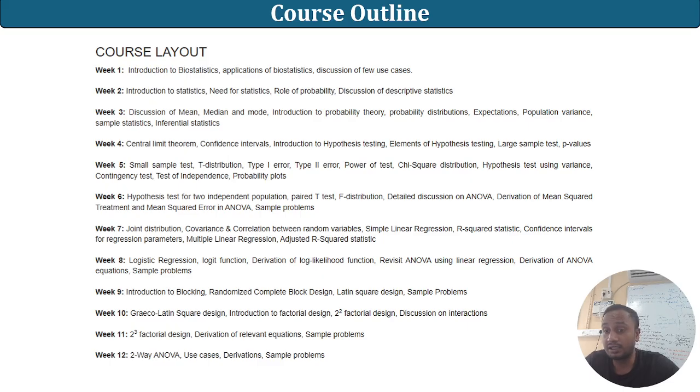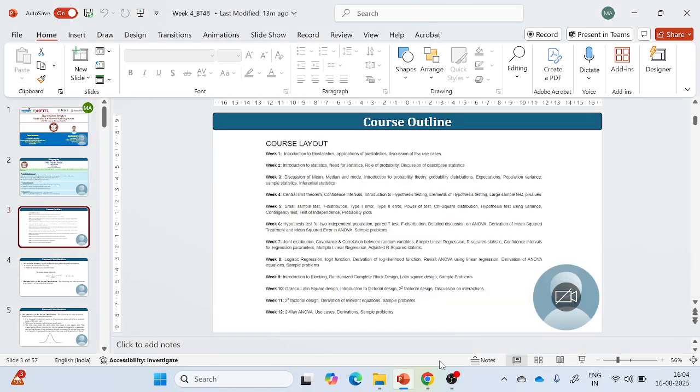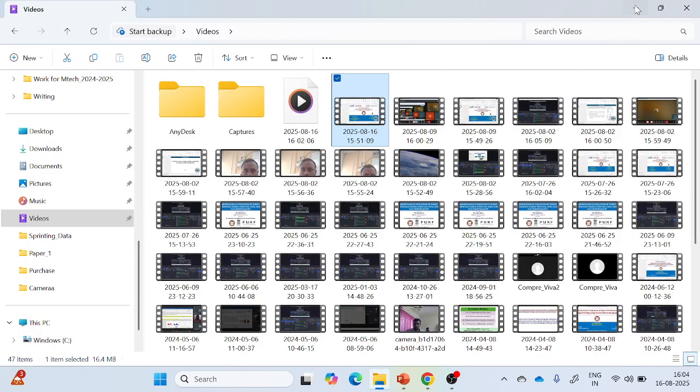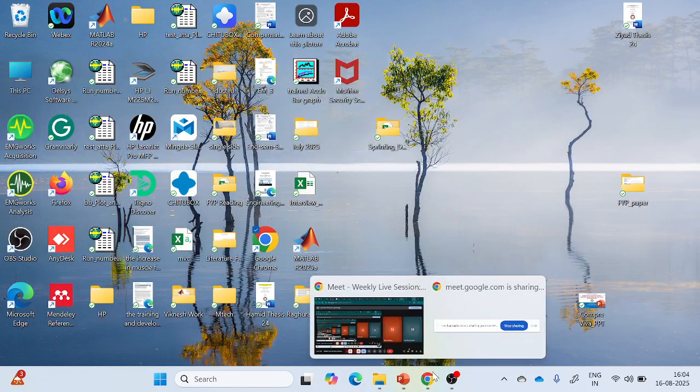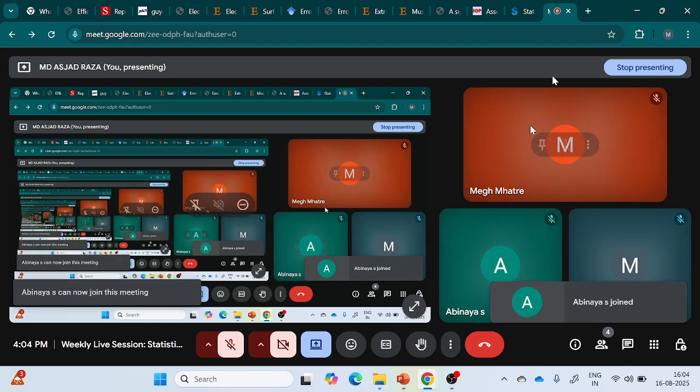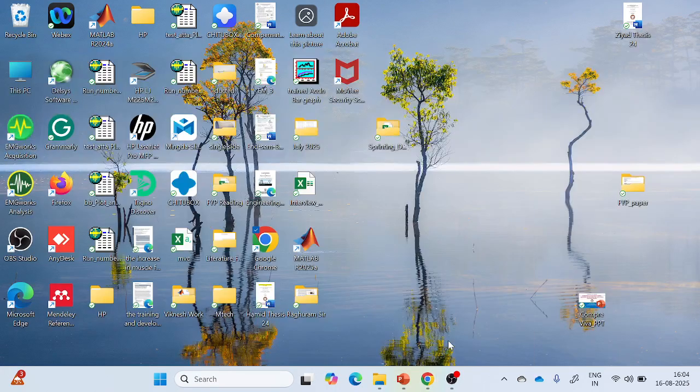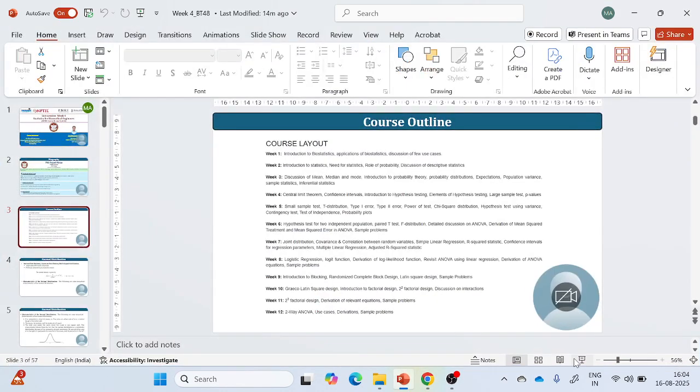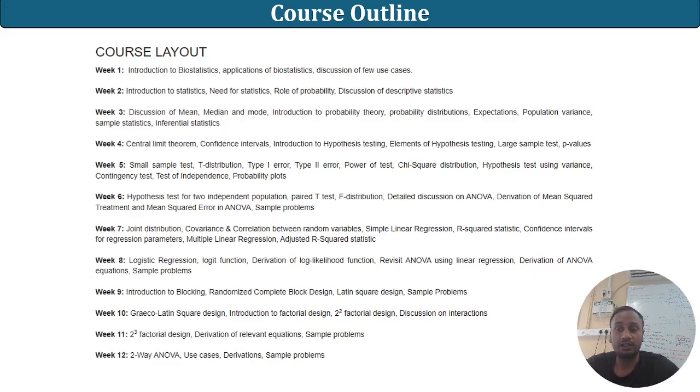So in the fourth week we'll see a very important part, that is the central limit theorem. This week we will see what the central limit theorem is, then confidence intervals.